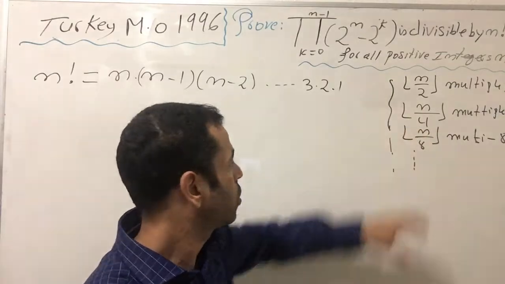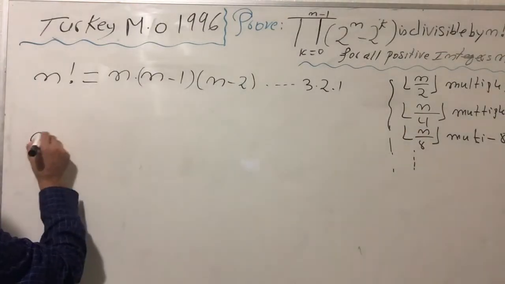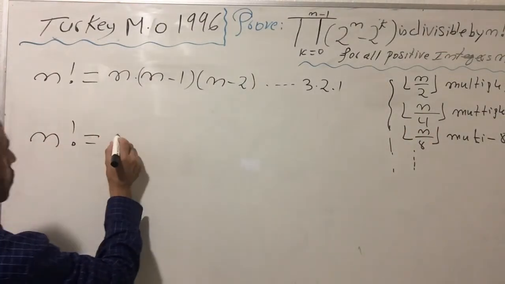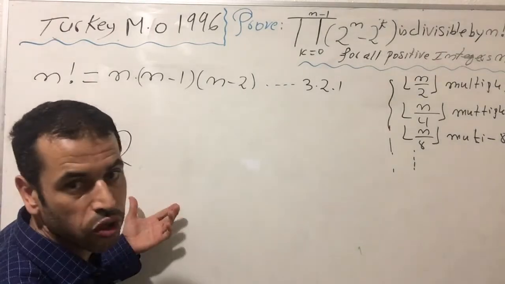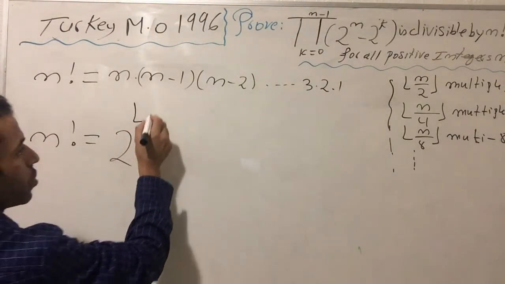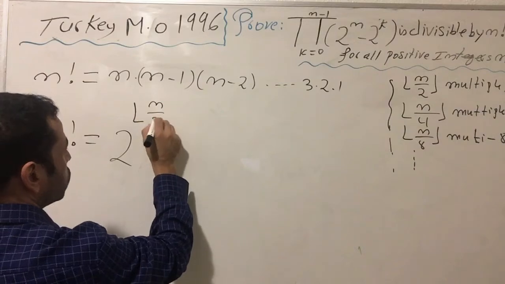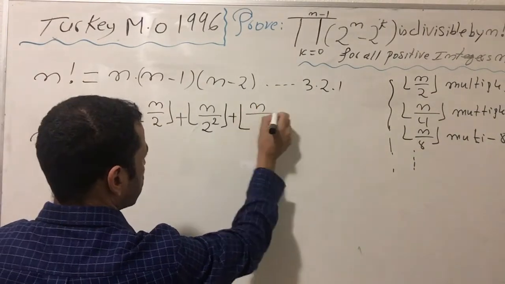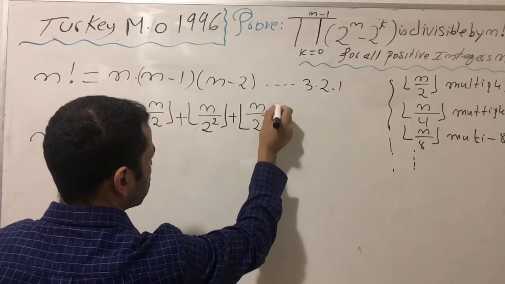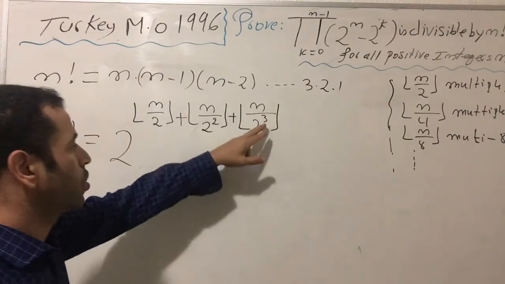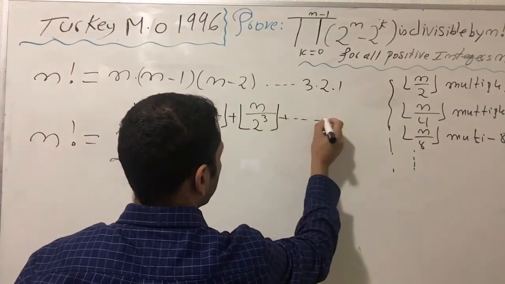So by Legendre's theorem, n factorial is written in this form: the floor of n over 2, plus the floor of n over 2 to the 2, plus the floor of n over 2 to the 3, because 2 to the 3 is 8, and so on all the way down.